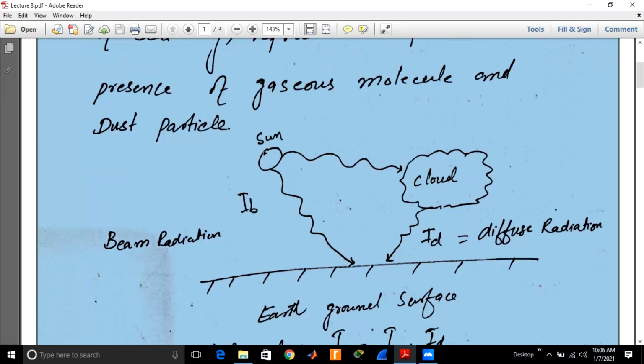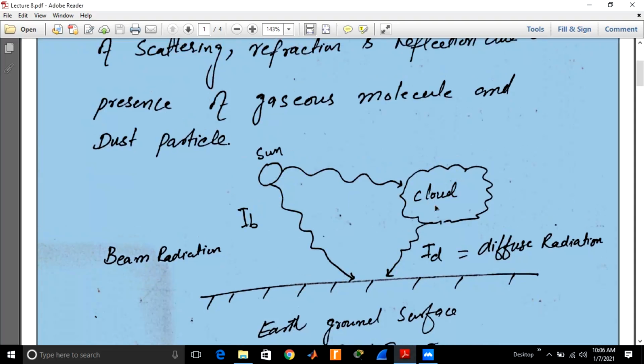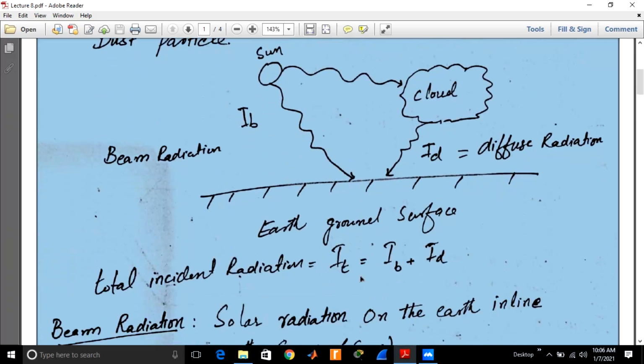It means that the total radiation will be the sum of beam radiation and diffuse radiation. This diffusion takes place due to the gaseous molecules and dust particles in the environment: the sun rays are reflected from these particles, touch these particles and scatter from them toward the earth.